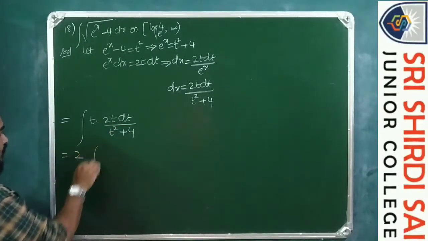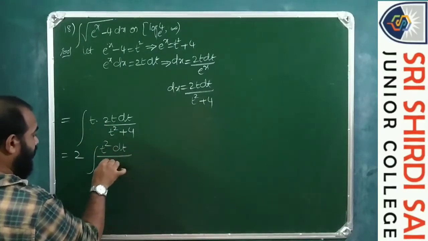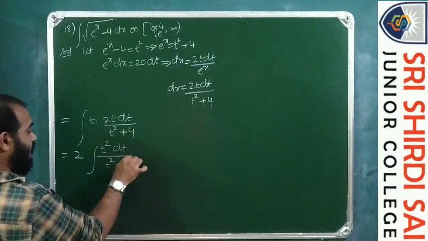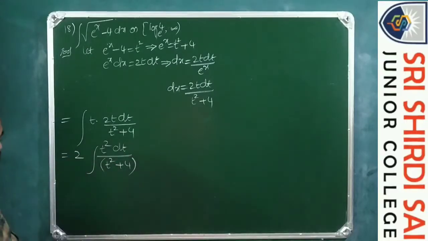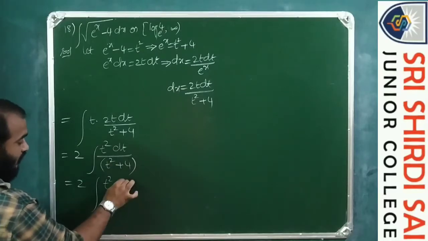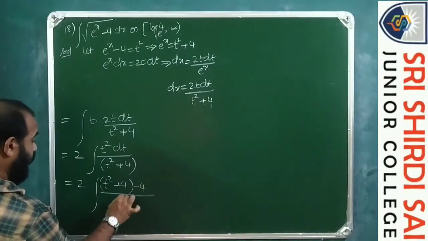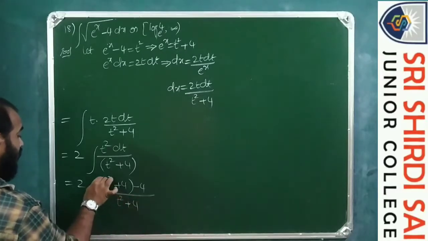So this is 2 into integral t square dt by t square plus 4. This can be written as 2 into integral of t square plus 4 minus 4 by t square plus 4, whole dt.